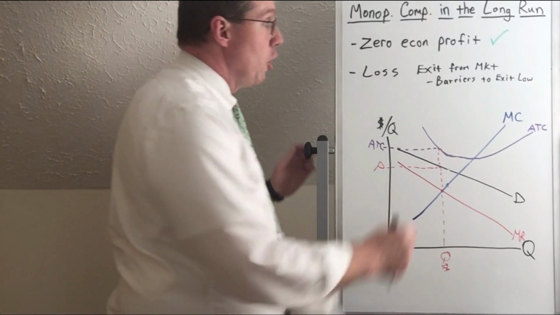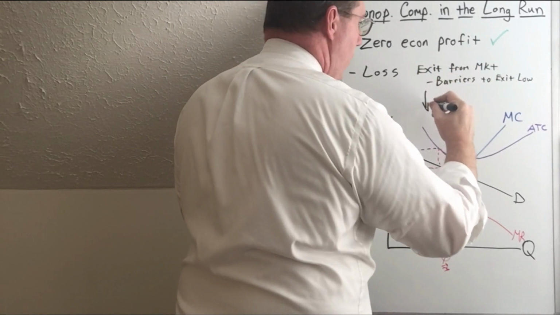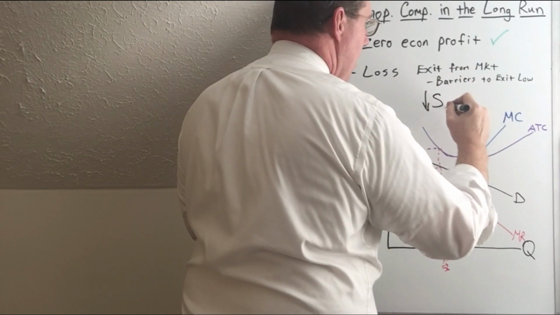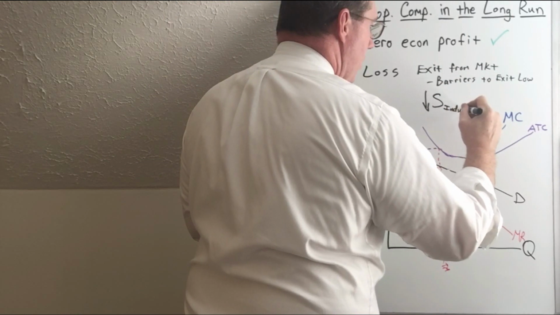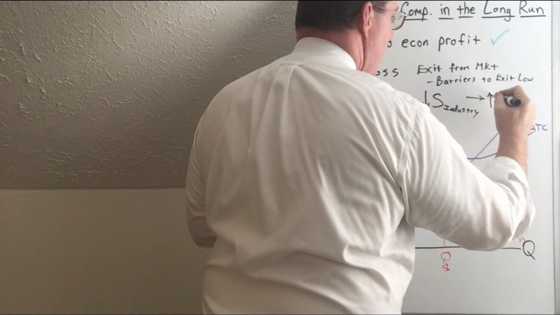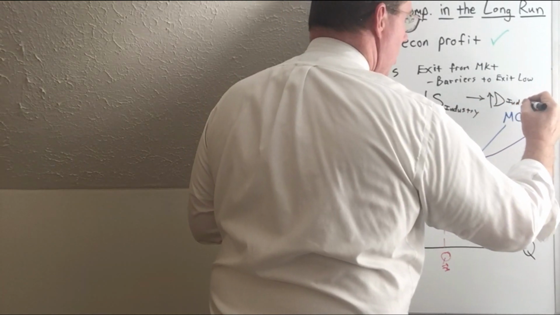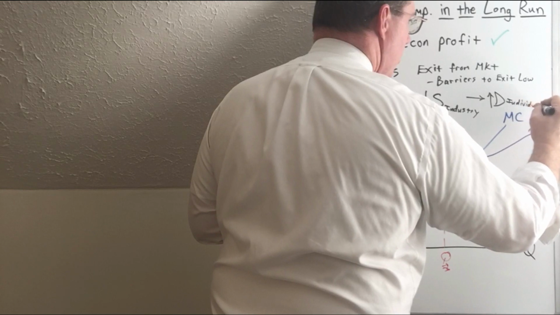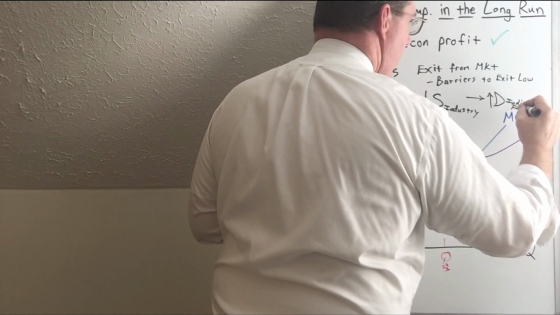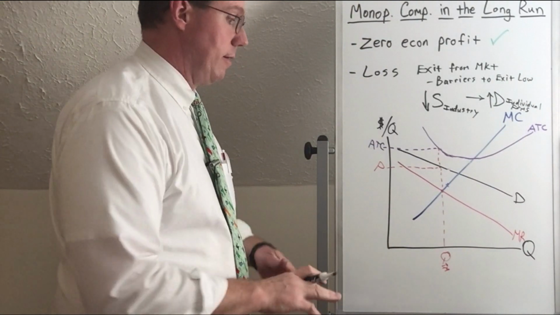Okay. Now, when there is exit from the market, that leads to a decrease in supply in the industry. Now remember, when there's a decrease in supply in the industry, that leads to an increase in demand for the individual firms. All right? So anyone who stays in will have an increase in demand. Okay?